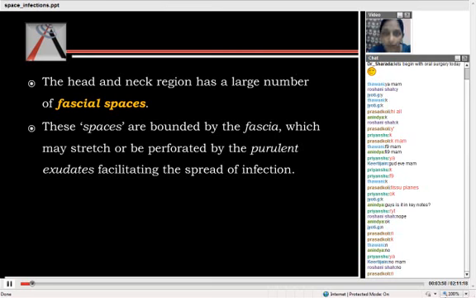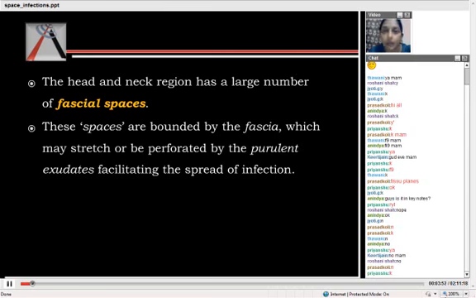It's not normal like your submandibular nerve or any other artery or vein. There is no empty space. You have something in between them. You have connective tissue, you have your nerves, arteries, veins.